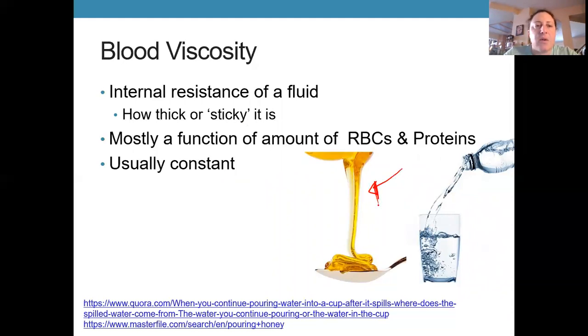That's a quite viscous fluid, so it's quite thick. Water is, of course, not viscous at all, flows very easily and fast. Blood is closer to this, flows pretty well, but is certainly more viscous than water. But we don't worry about this too much because it doesn't change very rapidly. It can in certain cases, but for the most part, it's not a highly changing thing.